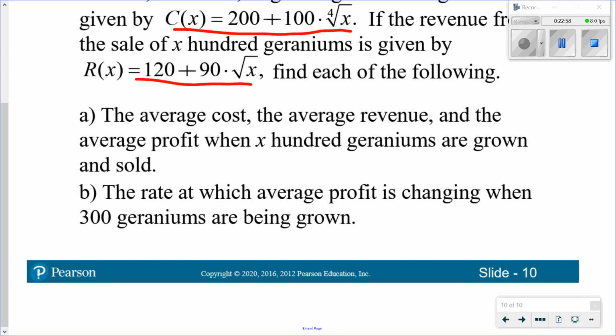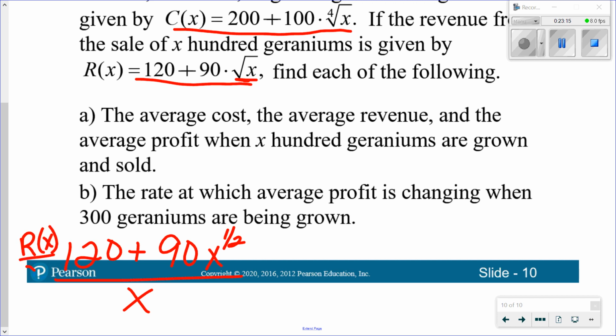Let's do just the revenue. So average revenue is going to be 120 plus 90, and I'm going to rewrite that as x to the 1/2 over x. That is our average revenue function. They don't tell us how many to put in, so they just want this function.